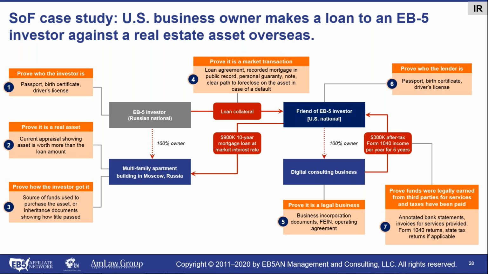A lot of times these investors are located out of the US, and especially now given travel restrictions, they're not going to be able to fly in person to sign something. So you'd open an account in that person's personal name and then instruct the lender to just provide the loan funds to that US account. Then you avoid transferring out of the country, and you also make sure that the investment into the project comes directly from that EB-5 investor's new personal account that's already in the US. So you avoid that complication, and you avoid the currency transfer.